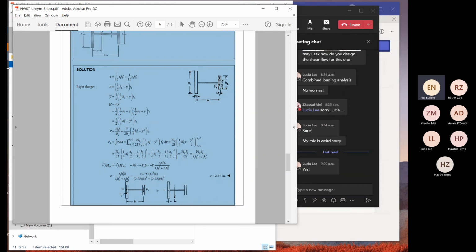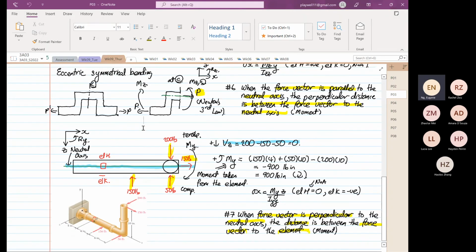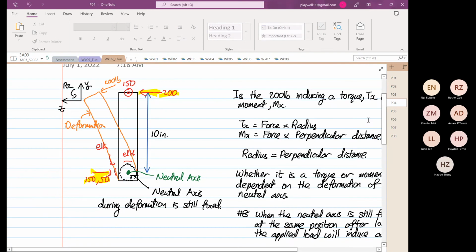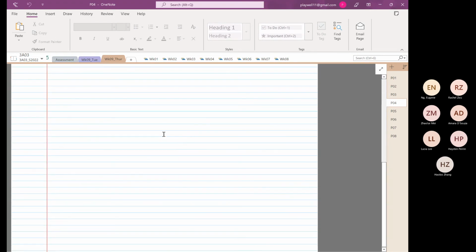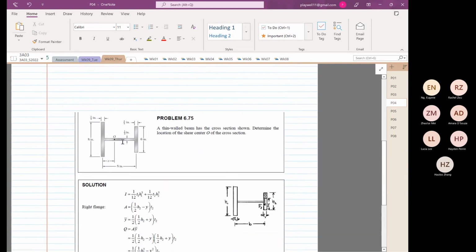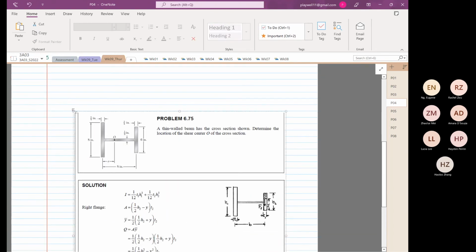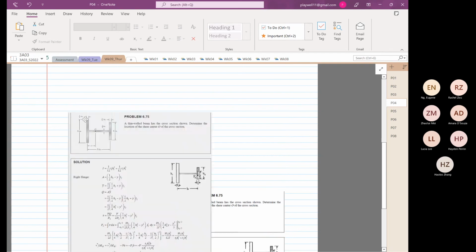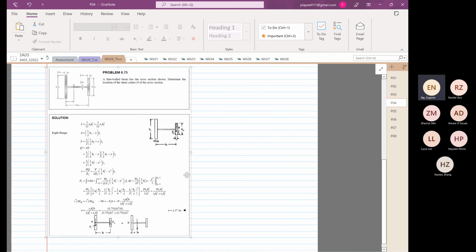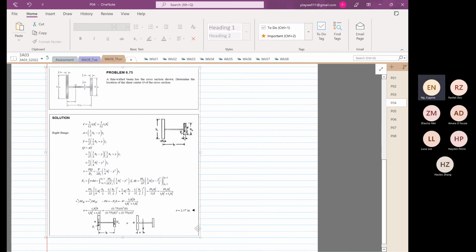And wait. My computer just crapped out again. So over here you have to integrate, right? It's a lot of integration.